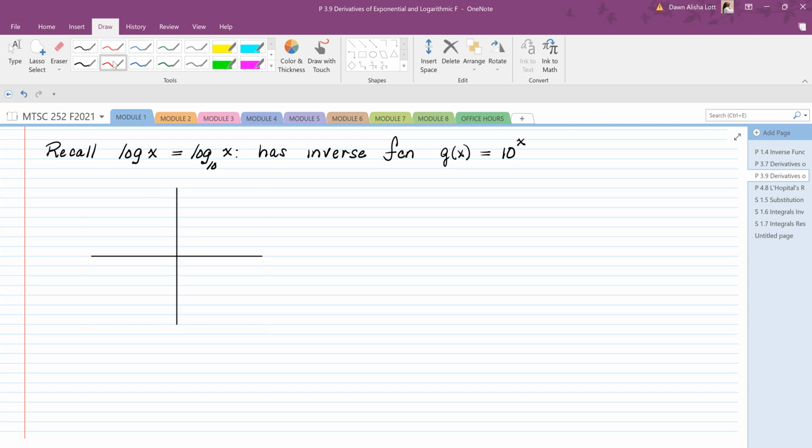I can have any base a, and this is f of x equals a to the x, where a is greater than 1.